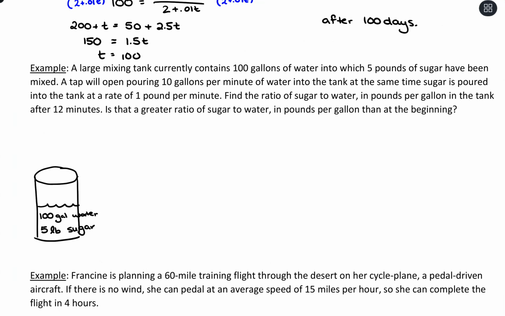Okay, that's what we're starting with. Now a tap opens up, and we're going to be pouring water in. So water is going to be flowing in at a rate of 10 gallons per minute. And then at the same time, sugar is being poured in at a rate of 1 pound per minute.